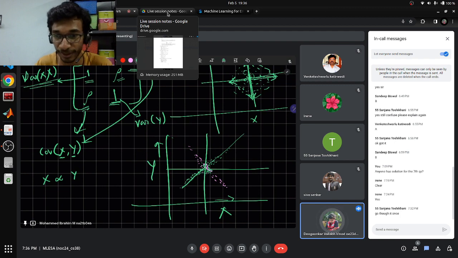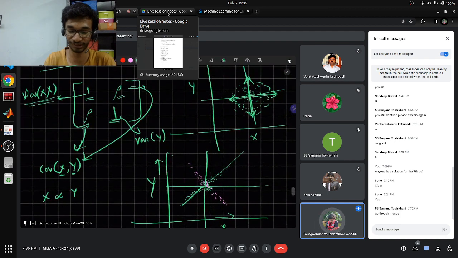Okay, is this part clear? That is what the numbers of this matrix denote. This number denotes how x varies with respect to itself, which is the variance of x. This number denotes the variance of y, how the data varies along the y-axis.